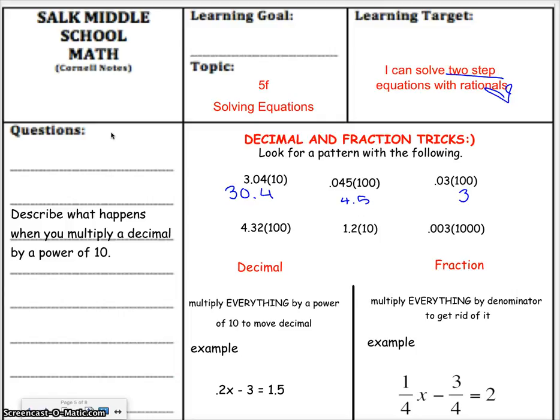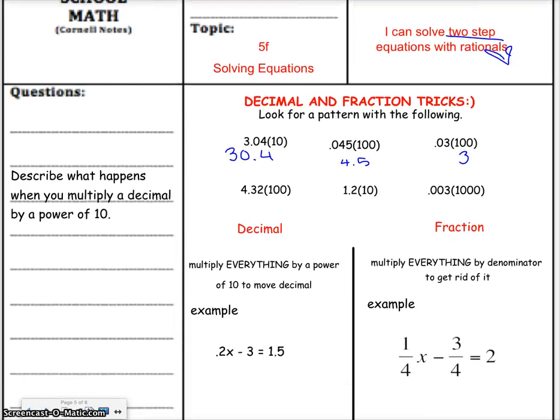And I'm going to tell you that 4.32 times 100 is 432. And I'm going to tell you that 1.2 times 10 is 12. And I'm going to tell you that 0.003 times 1,000 is 3.